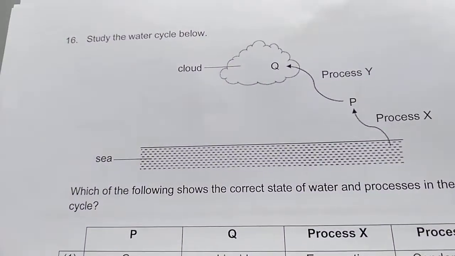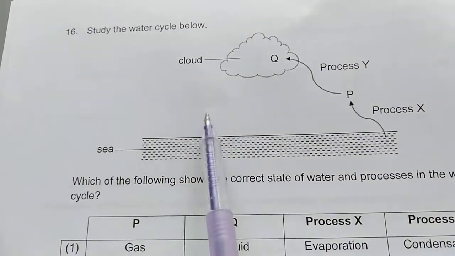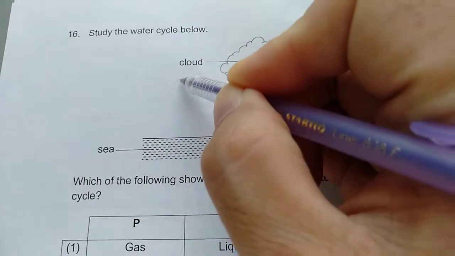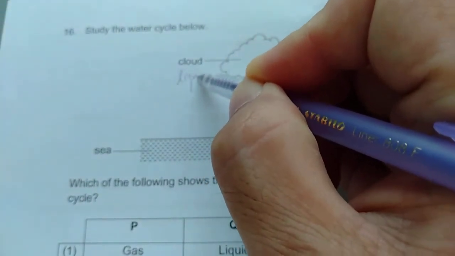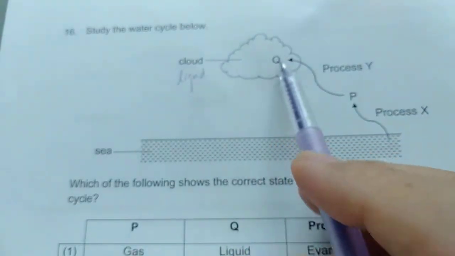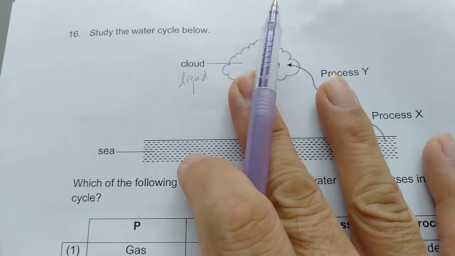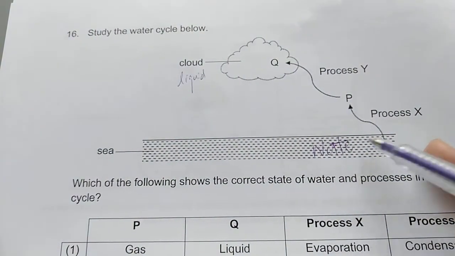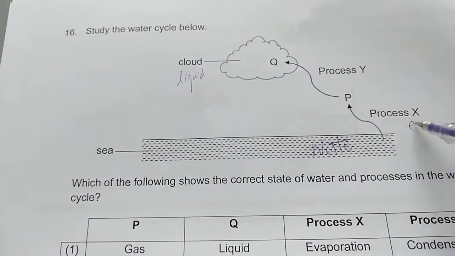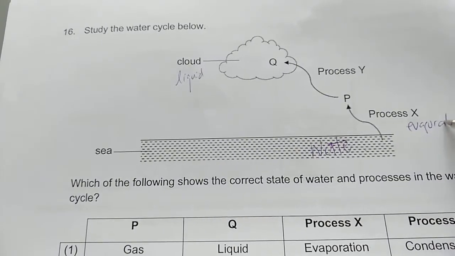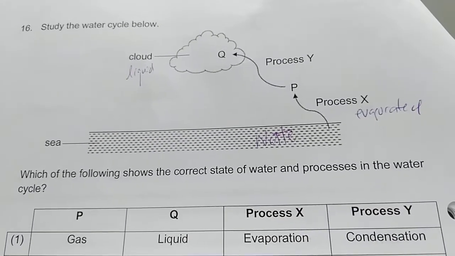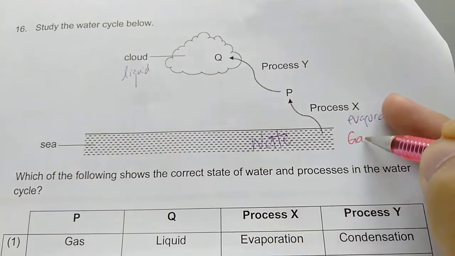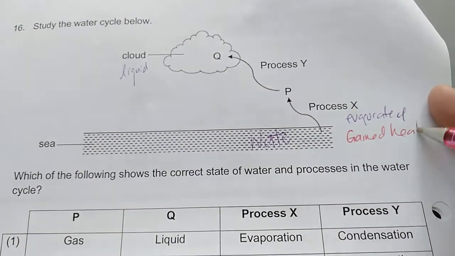Water cycle question. Study the water cycle here. Now, clouds are actually in the liquid state. These are all just tiny water droplets in case you have forgotten. Clouds are in the liquid state. This is simply water. So water must have evaporated. For it to evaporate, it must have gained heat.